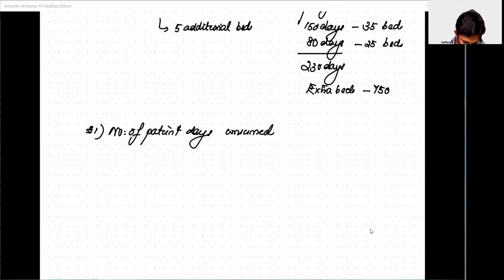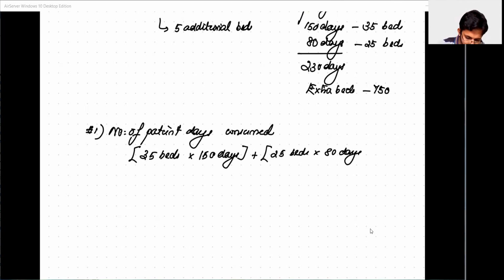So they say that 35 beds into 150 days plus 25 beds into 80 days. So that will be 35 into 150, 5,250, plus 25 into 80, 2,000. So that is 7,250 bed days.